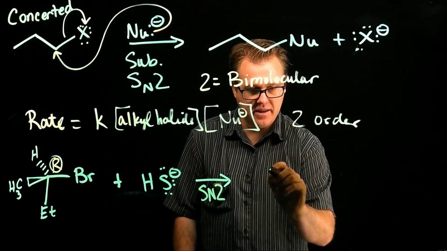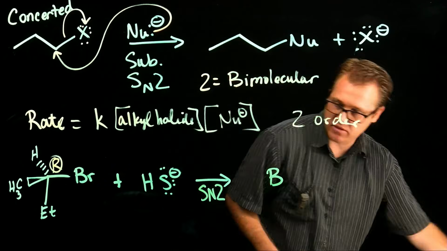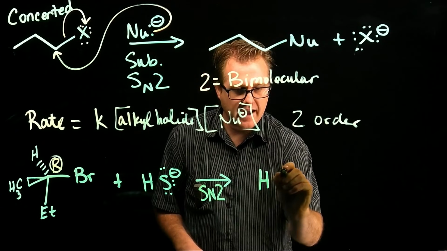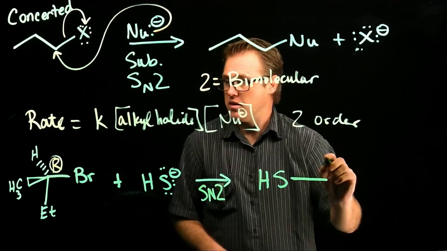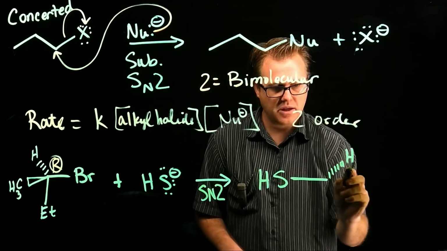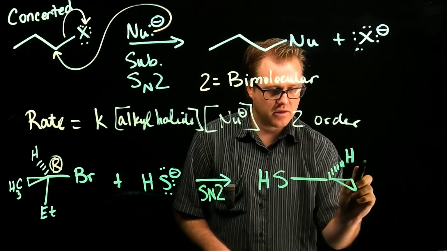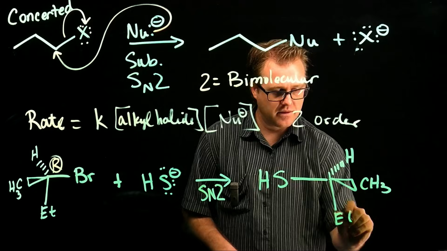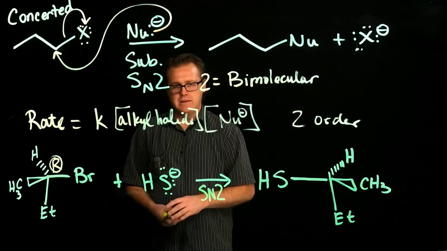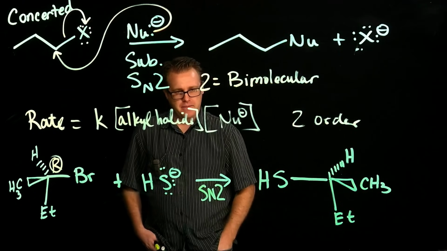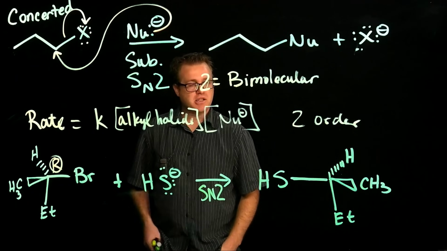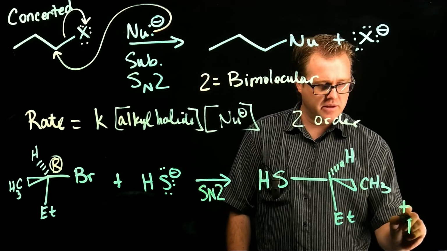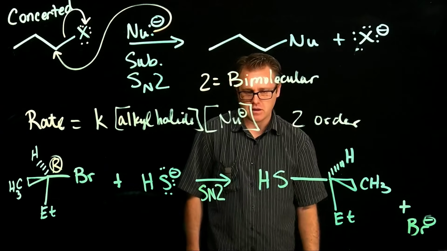It's very, very important to see this. CH3 and our ethyl. Can you see what happened? We did a substitution reaction. And so what should be over here? There should be the bromide that's floating around, right? The leaving group.